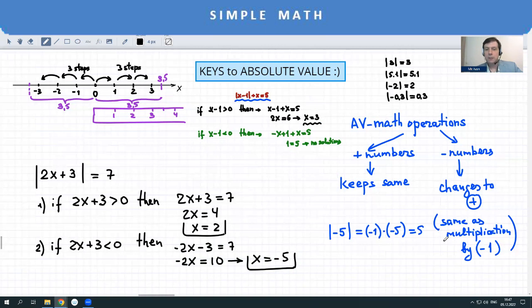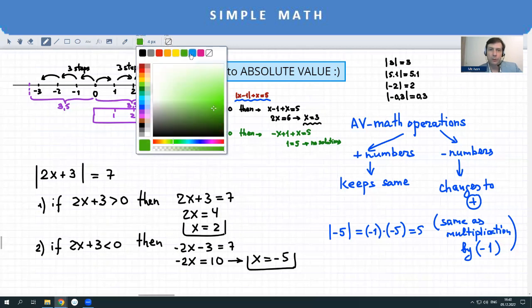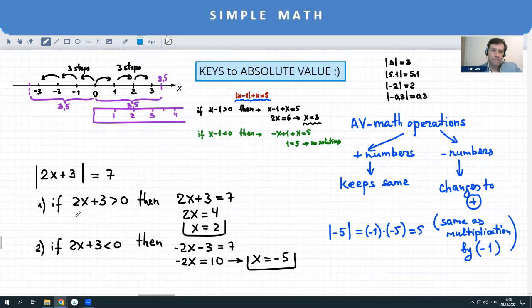Again, yeah? In both cases, we found the solution, and negative 5 also fits this criteria. 2x means negative 10 plus 3 less than 0. Perfectly fits the condition. So we kind of have here two parts while solving, condition part and solution part. Usually people do not say like that, but I think it's kind of logical to mention.